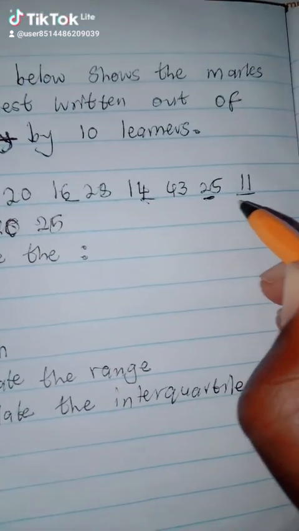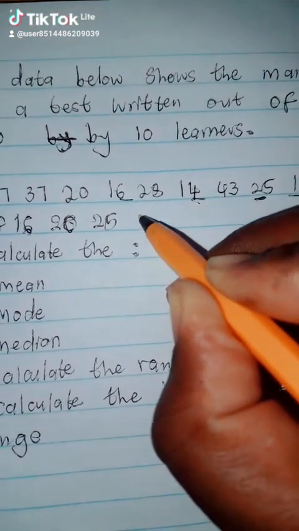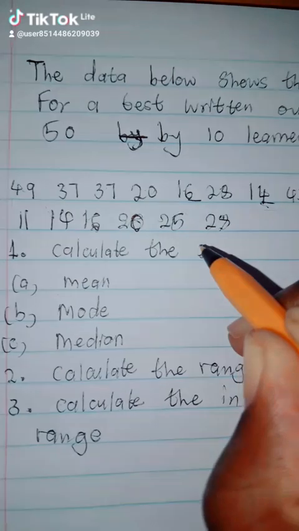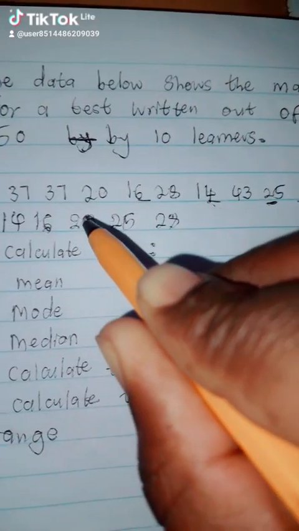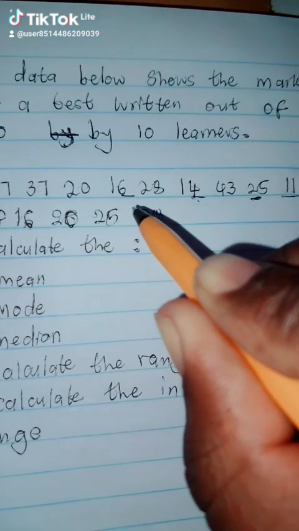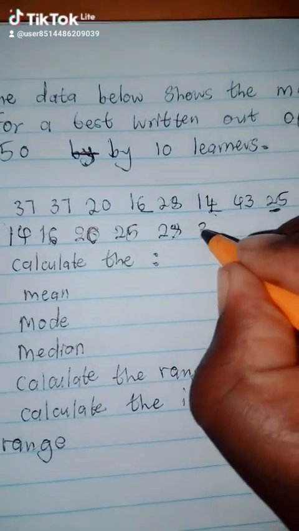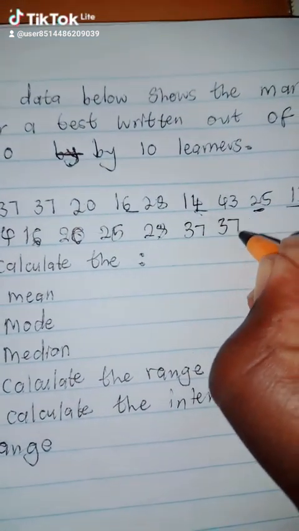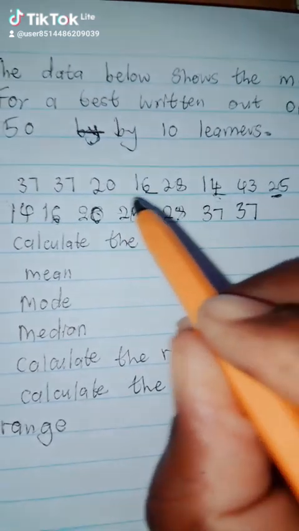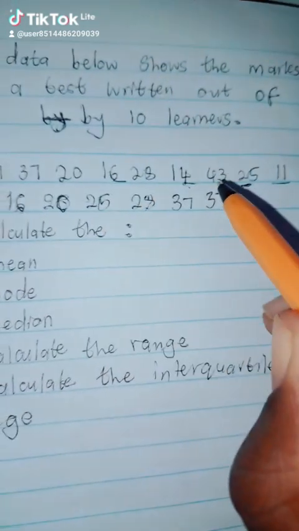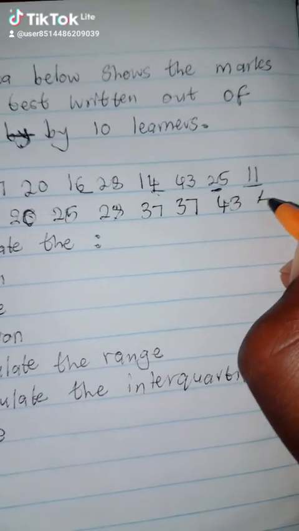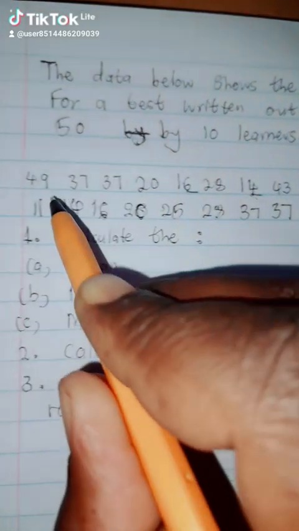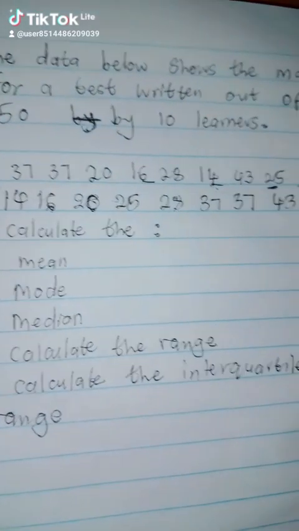What follows 25 will be 28 in ascending order. Then what follows 28 will be 37, and 37 again. Then what follows 37 will be 43, and we'll end with 49. So it's in ascending order from the smallest to the biggest.